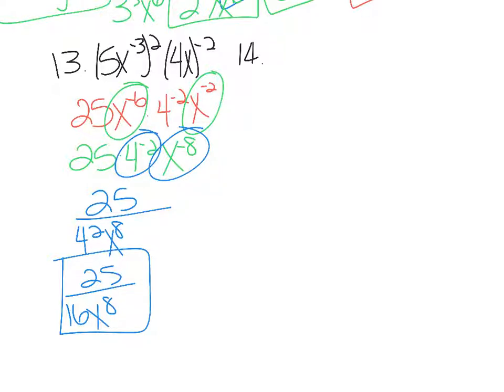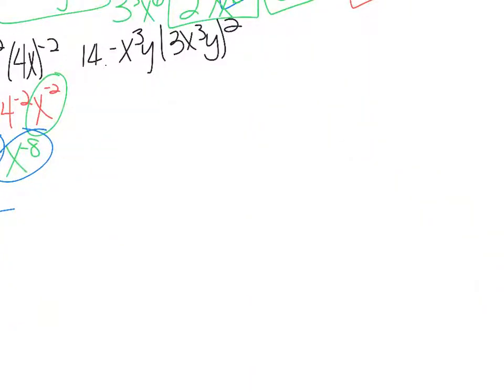Number 14, say we have negative x cubed y times 3x cubed y squared. Okay, so that first group there, the negative x cubed y, can't really do a whole lot with that, so we'll leave it as negative x cubed y.